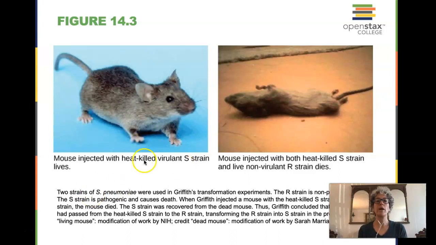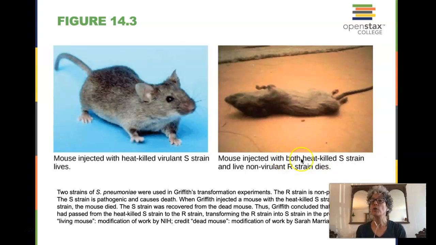Well, this poor little mouse received a heat-killed variant of the smooth strain and survived. You would think, dead bacteria, well, they can't cause any problem. If you inject the heat-killed S strain into an animal, nothing happens.